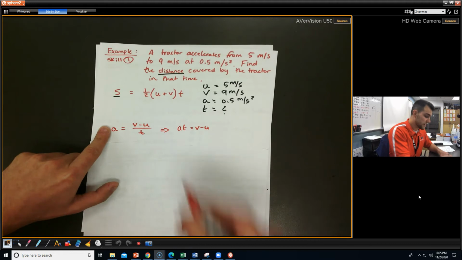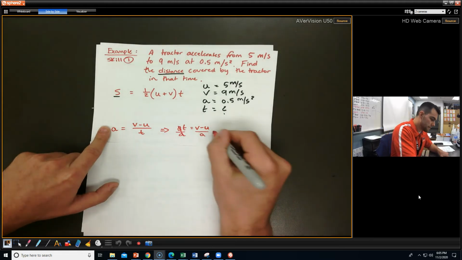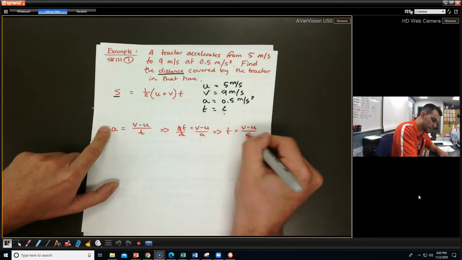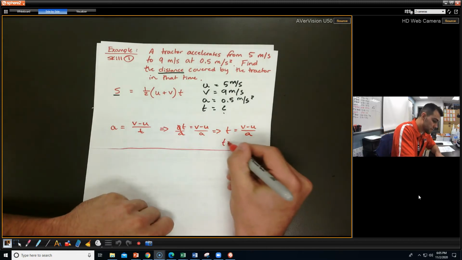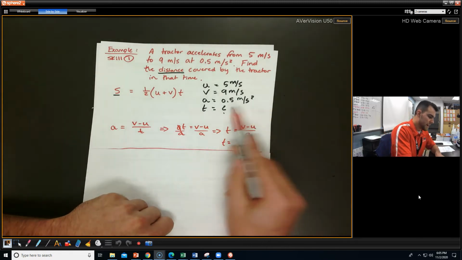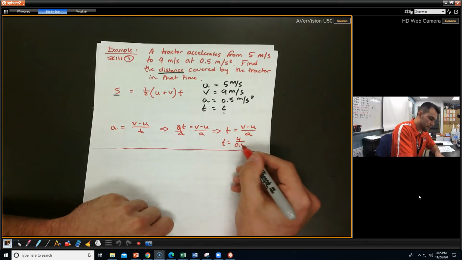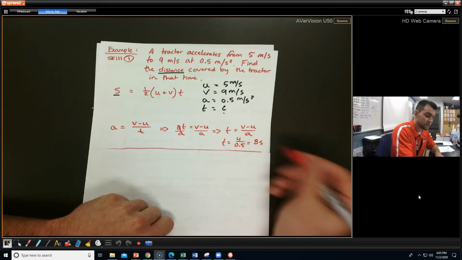And then finally, I need to divide both sides by a in order to get t by itself. So t equals (v minus u) over a. And now let's actually plug some stuff in. t equals 9 minus 5 on top, so that's 4 over 0.5. And when we do that, we get 8 seconds for t.